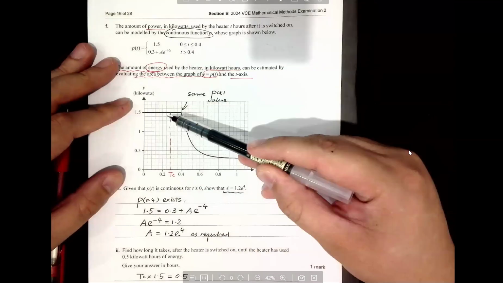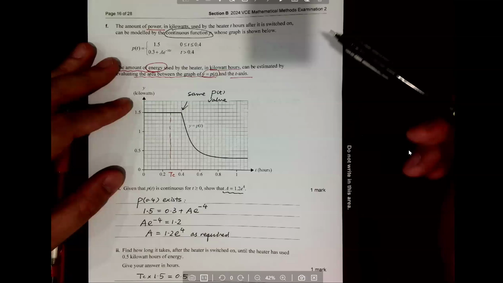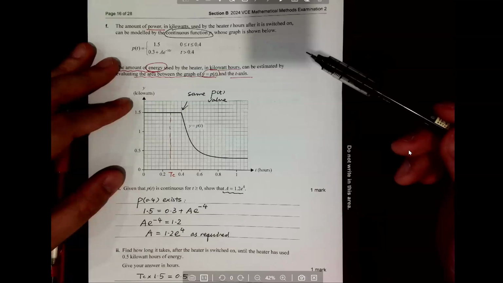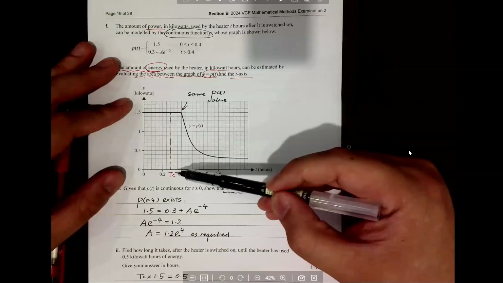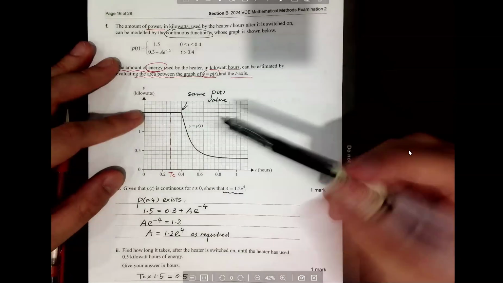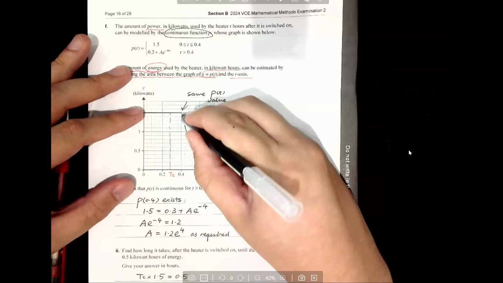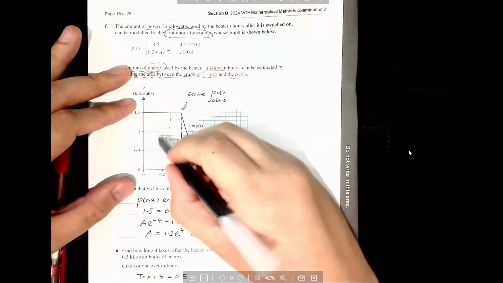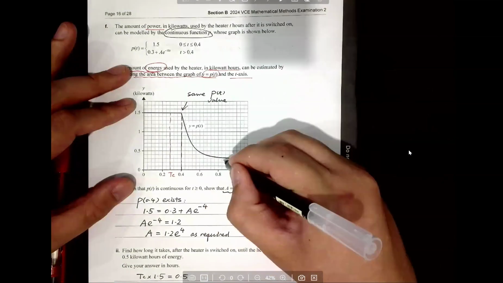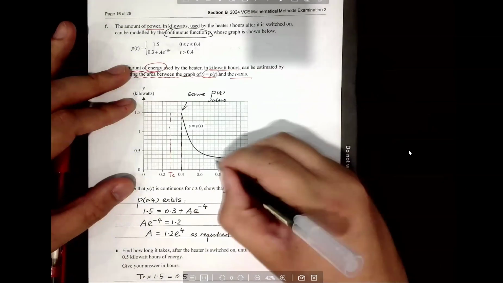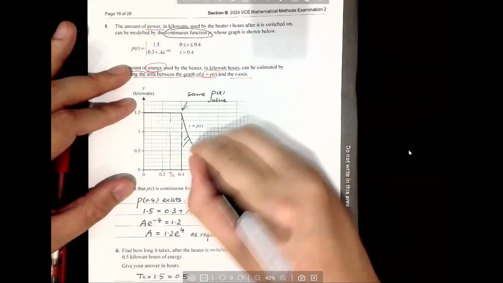When you multiply them together, you get 0.6. But 0.6 is not yet 1 kilowatt hour. That's why you still have some curvy area afterward. So this bit is 0.6, and then the rest will give you, let's say, 0.4, maybe somewhere here.